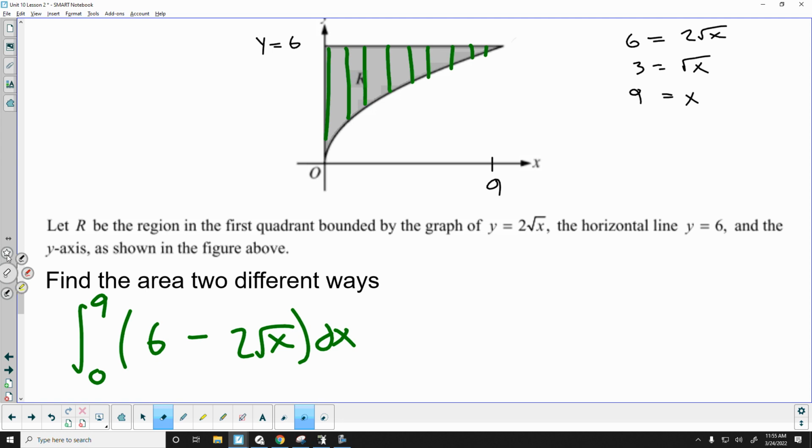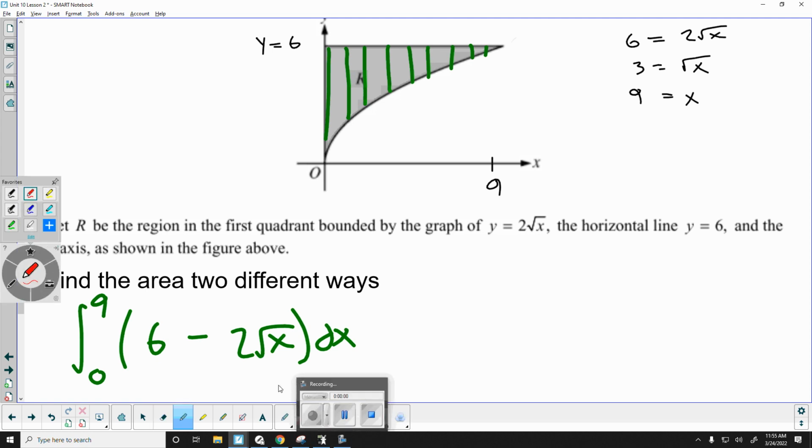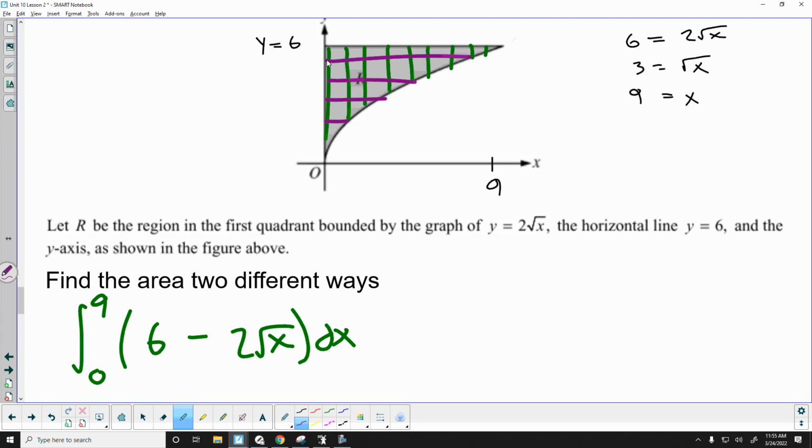Now, change your perspective and go horizontally. I don't want you to shift your paper, but if it helps, do it. Okay? We have widths, which are x distances.